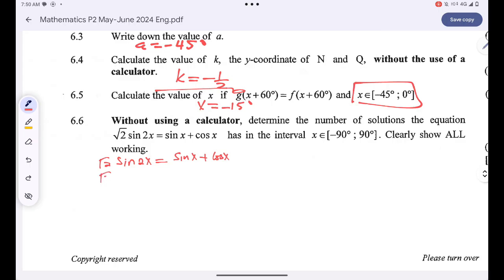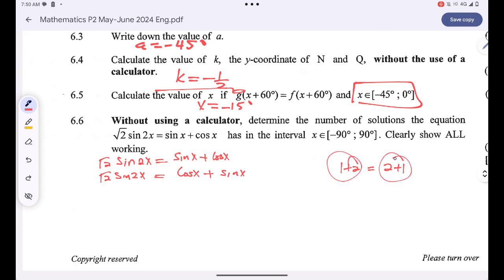Before I do that, I just need to change the order over there. That's 2 sine x is equal to cos x plus sine x. By changing the order, there are no changes in this equation because addition is commutative: 1 plus 2 is basically equal to 2 plus 1.